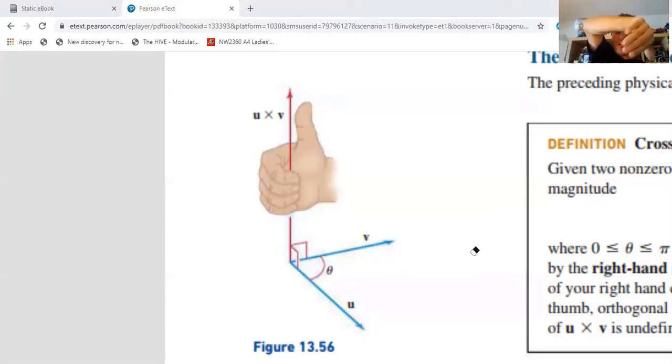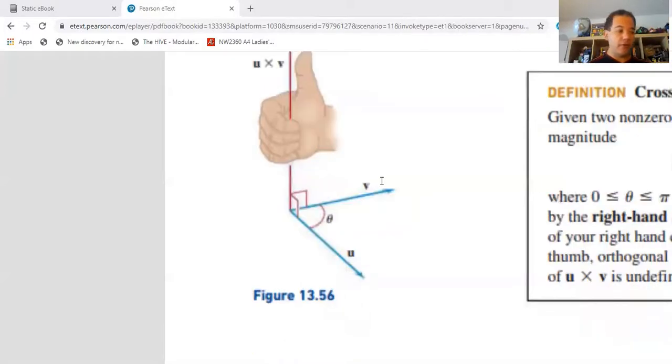If you start from v and then go towards u, now your thumb points downwards. So if you do v cross u, the direction will be the opposite one. So in this product, u cross v is not the same as v cross u. It will not be commutative.